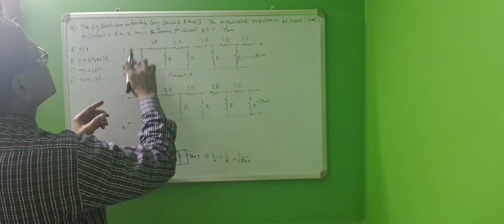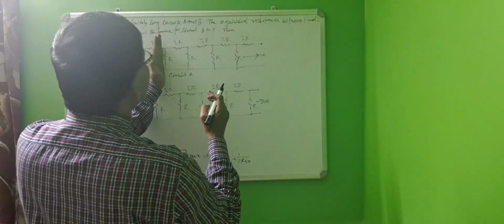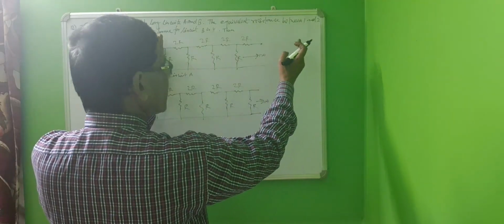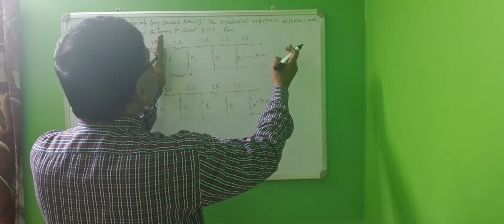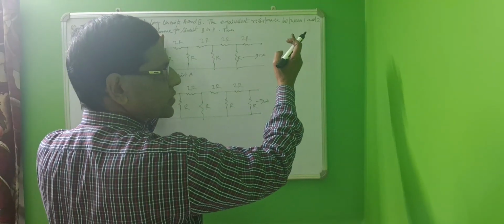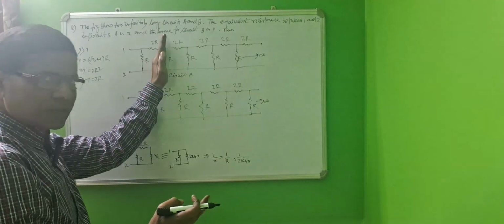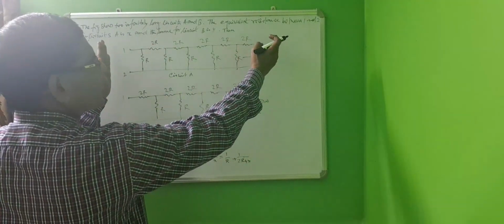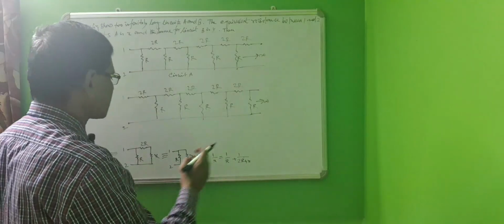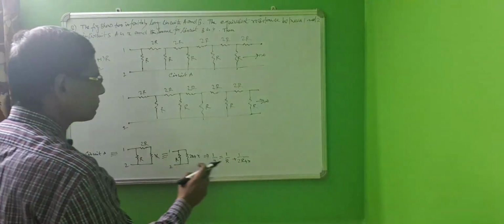So if we take the first and the second, the infinite number of these branches is of resistance X. So the total resistance is also X, and this also is X. So we can write this.